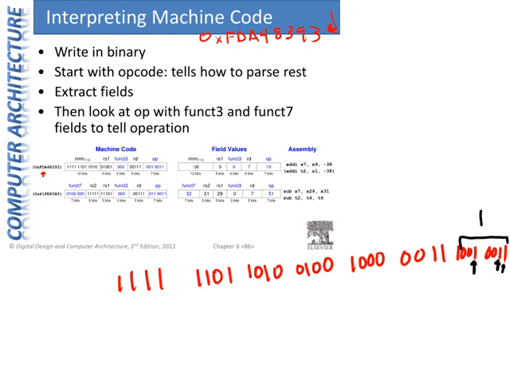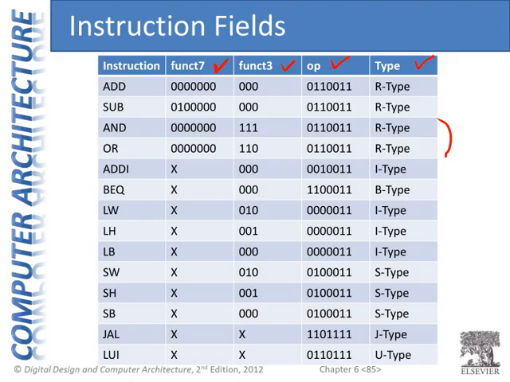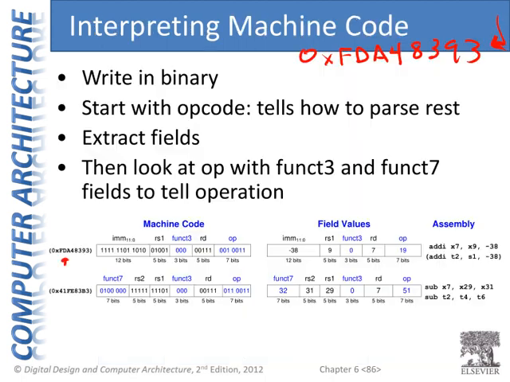So that's 19. We can go look at our table, or we can even go directly 0010011. And we can see, oh, here it is. That's an add immediate instruction. And so now we know how to interpret the rest of the fields. So we know it's an I type, because it's an add immediate.